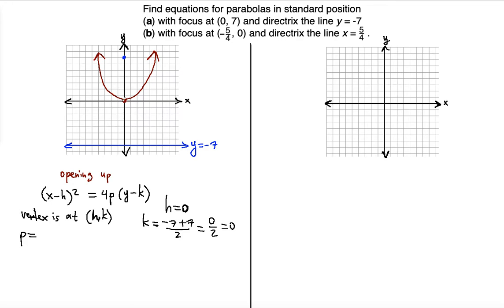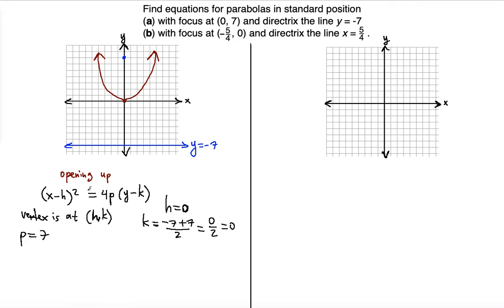But in this case, remember, p is always going to be positive, because you're always counting with the positives, and p is counted from down up. So we're relating the vertex and the focus in this case. So the p value is going to be 7, because you travel 7 units up to get to the focus from the vertex. So p is equal to 7.